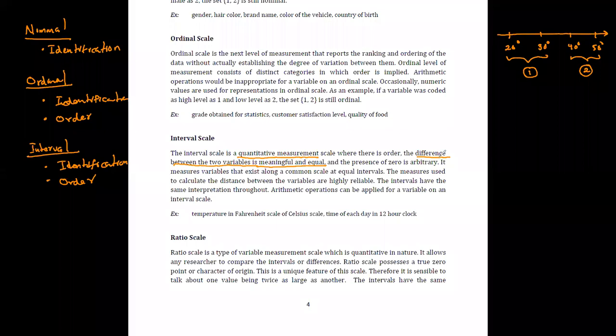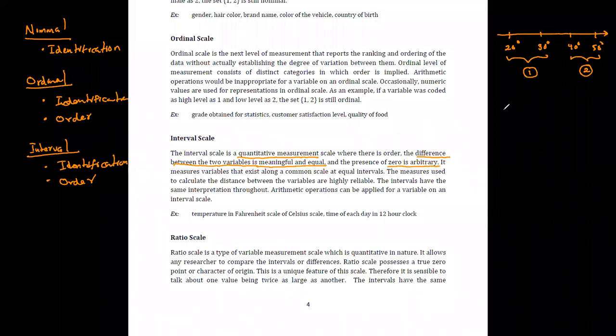When we discuss this, zero can be considered as a true zero point or as an arbitrary zero point. If you are considering data associated with the interval scale, the next important property is that zero is arbitrary. It means that there is no true zero point.